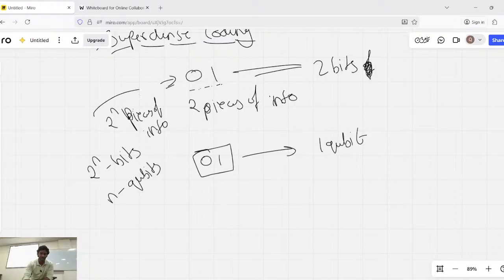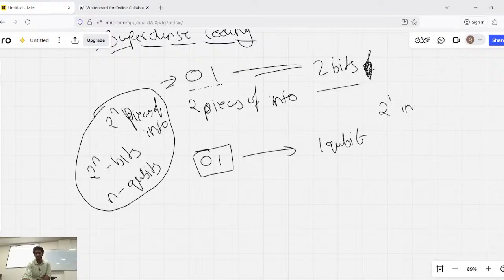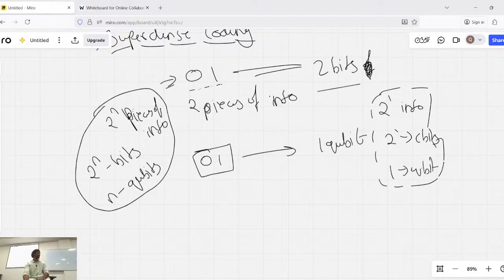This is what is represented by superdense coding. But to show it at this point, we are simply using 2 bits and 1 qubit. That is, for 2 to the power of 1 pieces of information, we require 2 classical bits, but only 1 qubit.